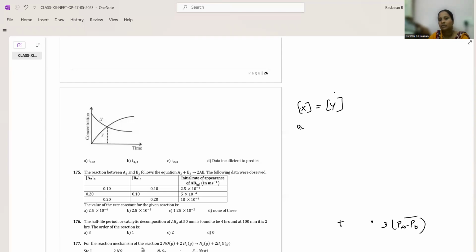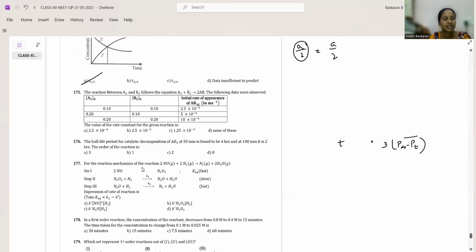If x is becoming a by 2, then y will also be a by 2, which means that these two are equal. So this is generally nothing but the t half, that is, the time required to reduce the initial concentration to half, correct? So hence this is t half. So option A is correct.